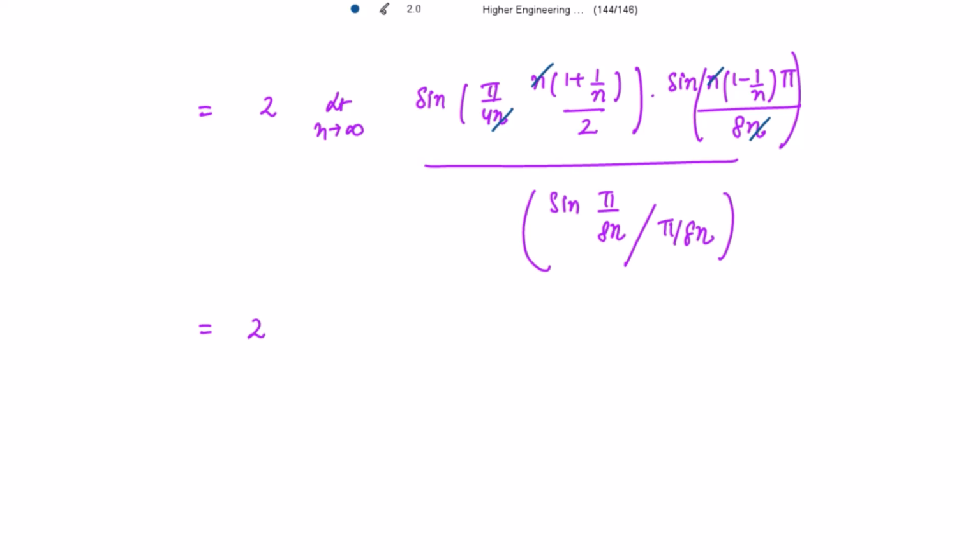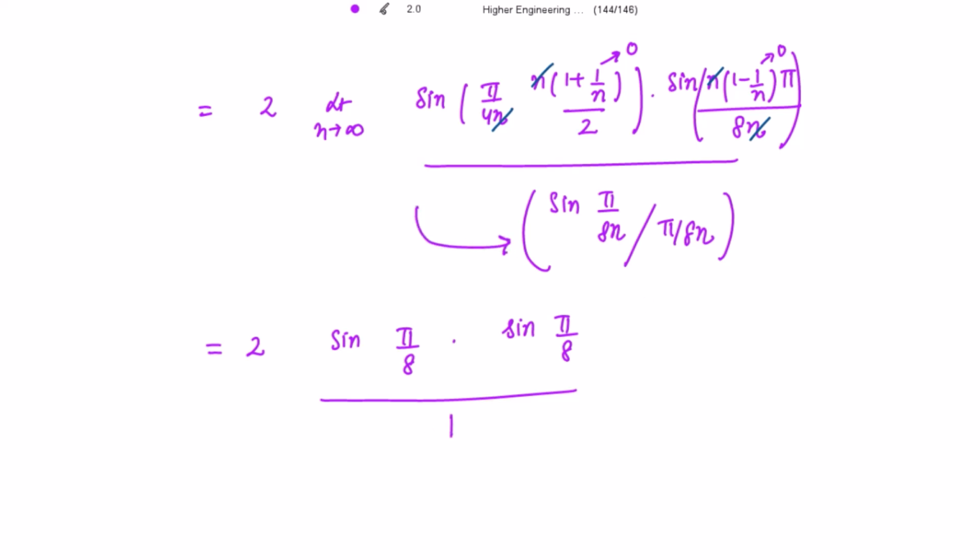And now applying the limit, we get sine of pi divided by 8, because n tending to infinity, we get 1 by n to be equal to 0, into sine of pi divided by 8, and in the denominator, and when applying limit on this, we get this to be equal to 1.